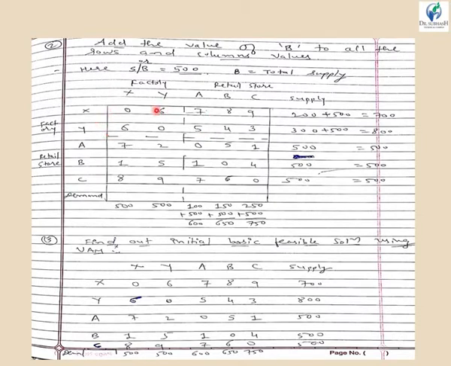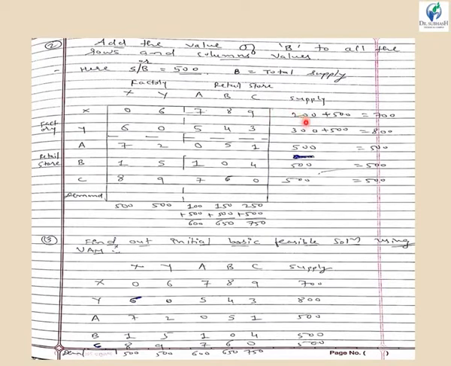The factory X capacity was 200, factory Y's capacity was 300. Now according to the second step, add the value of B to all the rows and column values. B is nothing but total available supply, and that we will add to each row and each column.